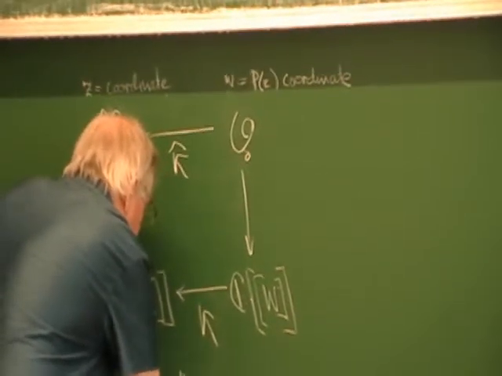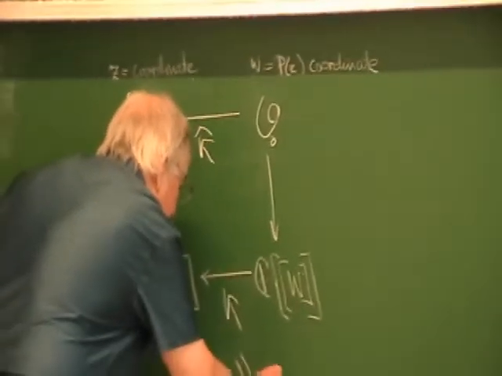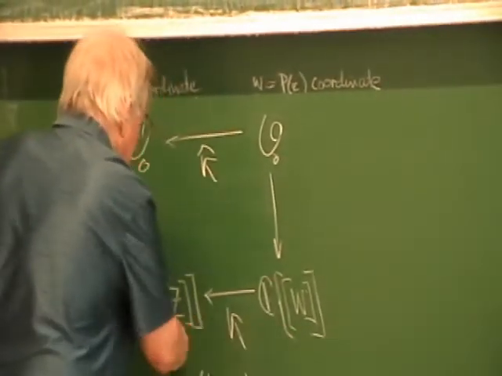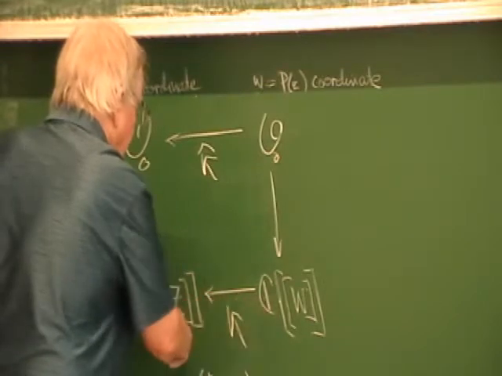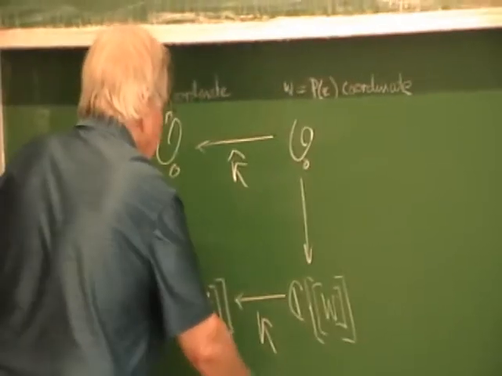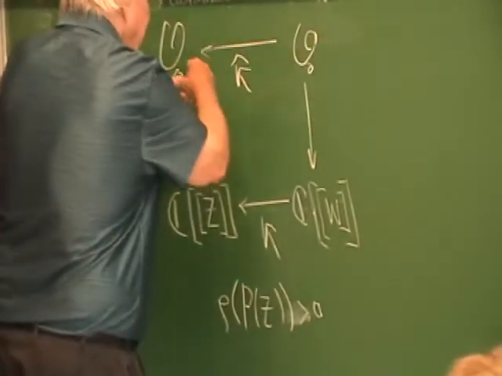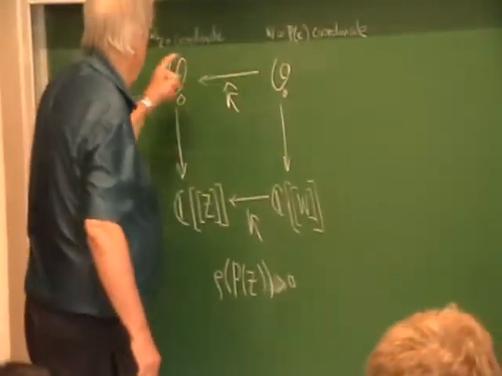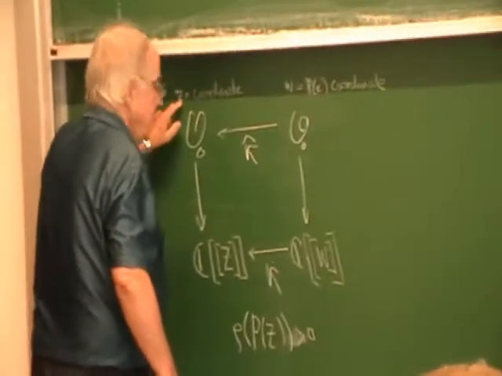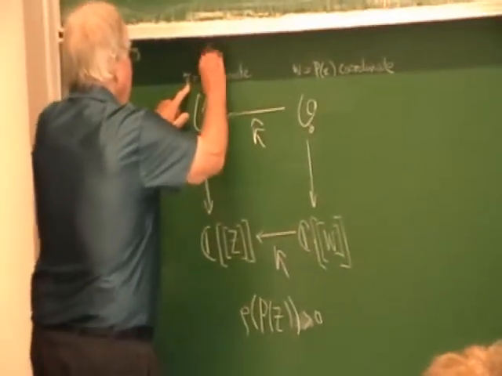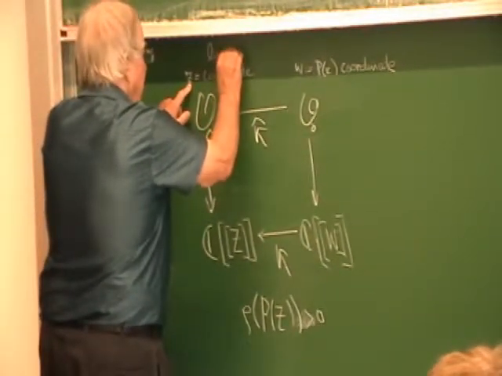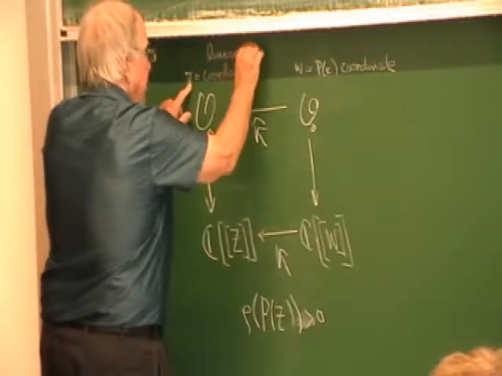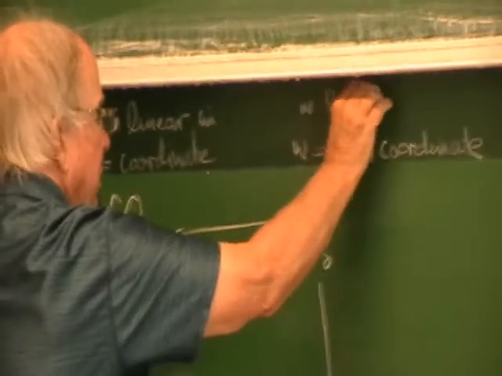Rho of P of Z is positive. In general, it won't be. Okay, that's an isomorphism which preserves convergence. That means it lifts to an isomorphism of these things. What is these things? Here Z is the linear coordinate in C. Here, W is the linear coordinate in C.